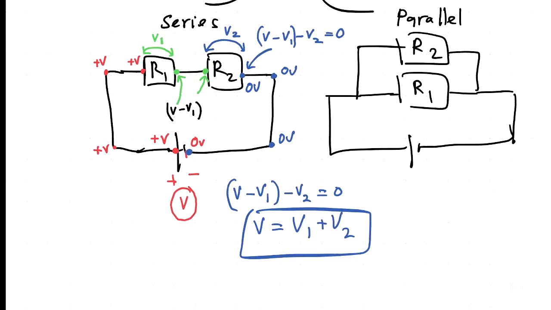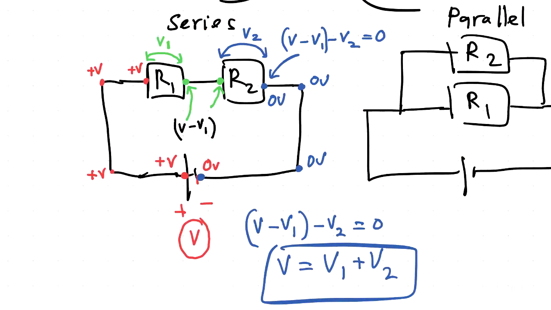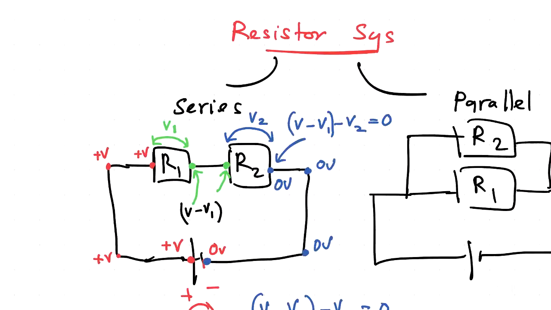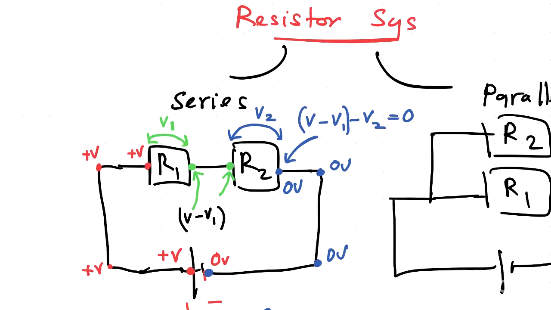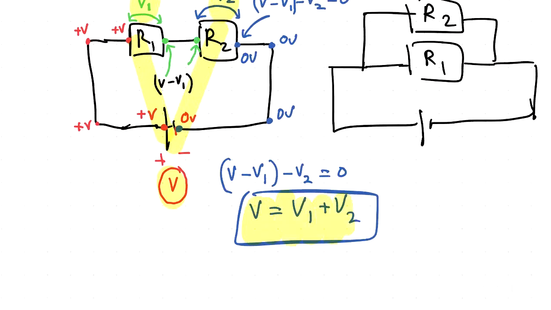Here, remember that if you are having a series resistor system, then it will be acting as a voltage divider. See, the voltage is actually divided into V1 and V2. This voltage is being divided here. And that V1 and V2, the total gives the final voltage value, right?